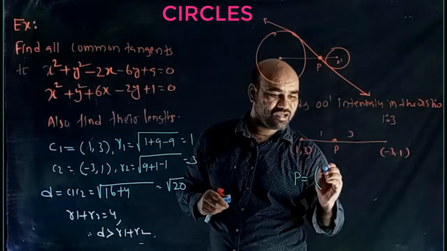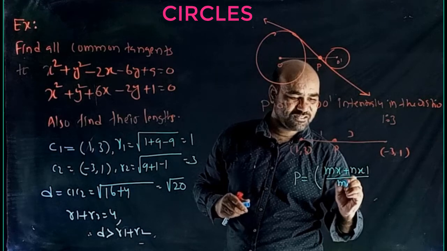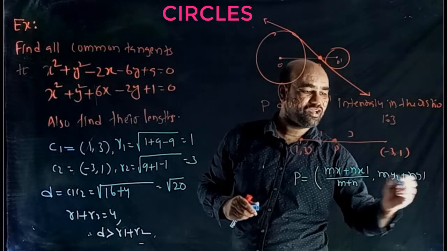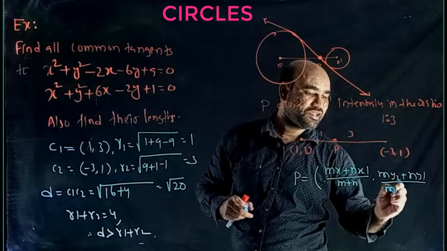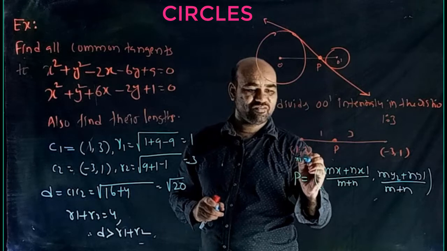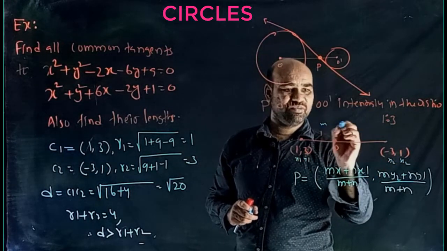We have the internal division formula: (mx2 plus nx1) by (m plus n), comma (my2 plus ny1) by (m plus n). Here this is x1, y1, this is x2, y2, and these are m and n.